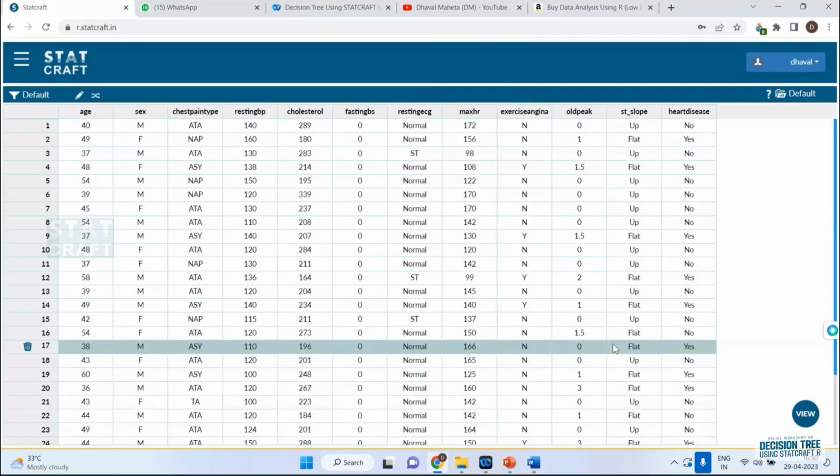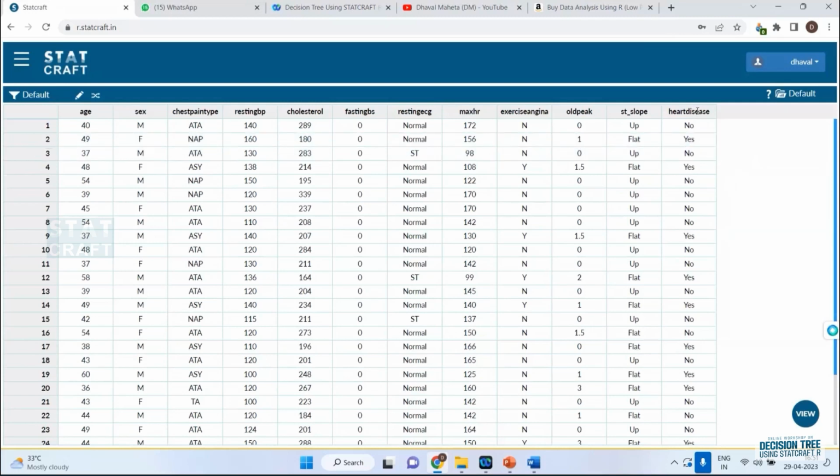Let me explain this now. Yes, I have many data sets because I give training on many software tools, so I have to keep the data sets.